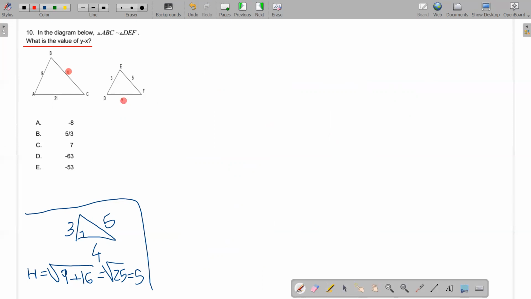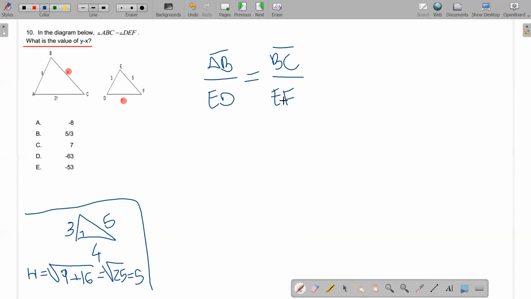But what we know is that the angles are the same. So the ratio of their corresponding sides must be the same. That means that I can write something like AB over ED, which is the ratio of these two sides, must be equal to BC over EF.